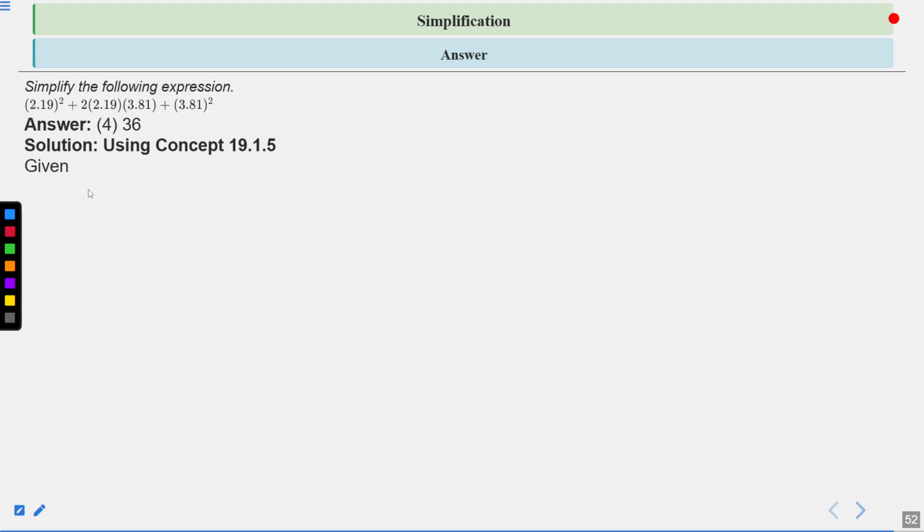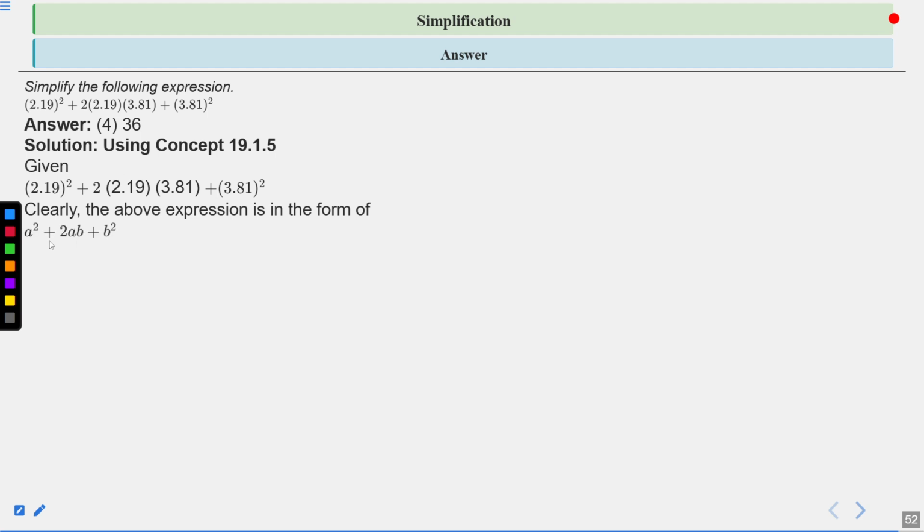Given that the expression is 2.19 square plus 2 into 2.19 into 3.81 plus 3.81 whole square. Clearly the above expression is in the form of a square plus 2ab plus b square, where a is 2.19 and b is 3.81. So we can write a plus b whole square is a square plus b square plus 2ab.